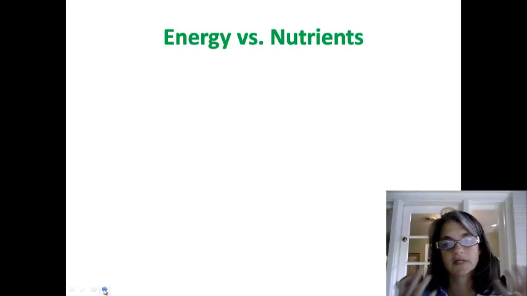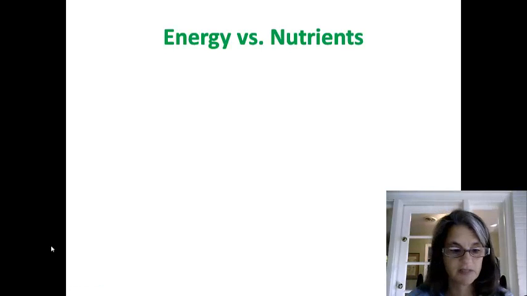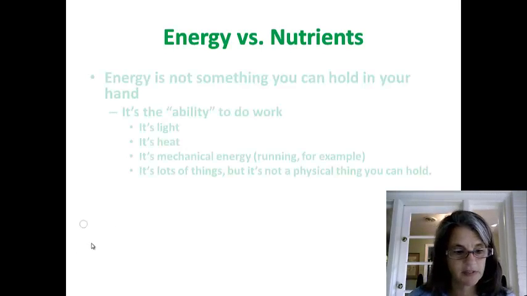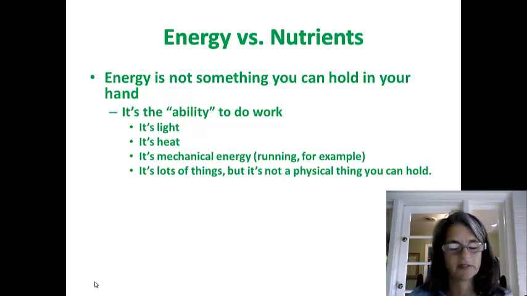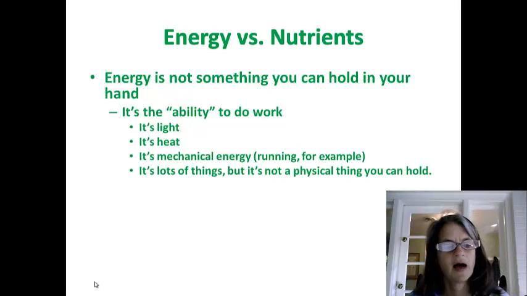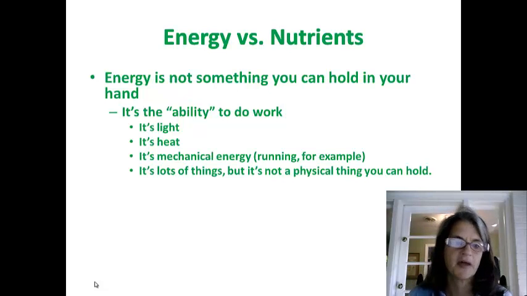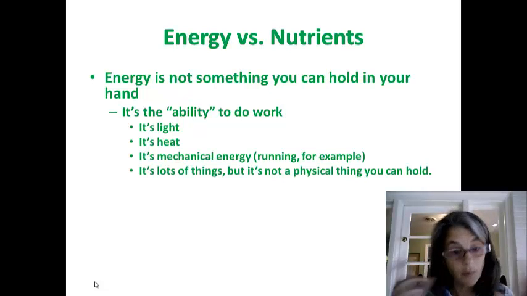So what we need to do is compare energy and nutrients, because they both are passed from one organism to another in ecosystems, but it's somewhat different for each. To begin with, they're just fundamentally different things. Energy is not something you can hold in your hand. It is the ability to do work.